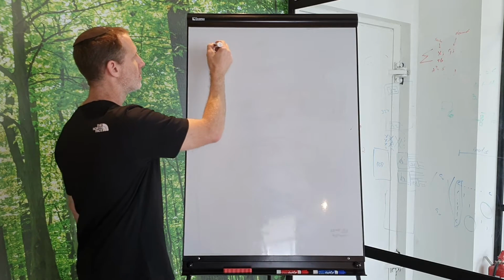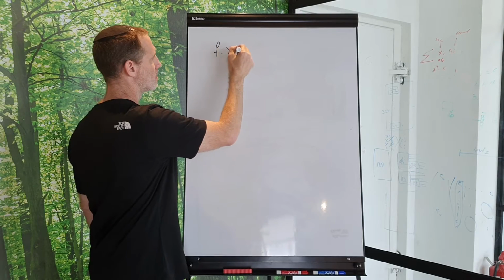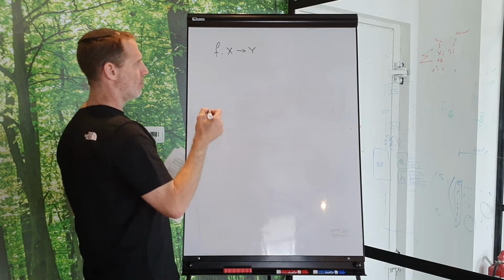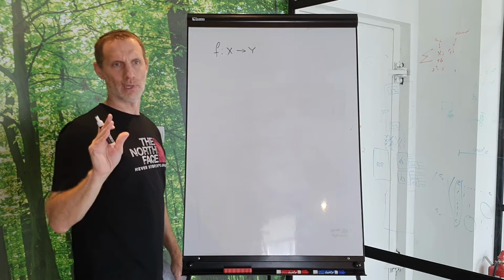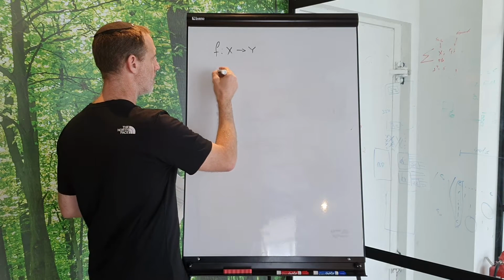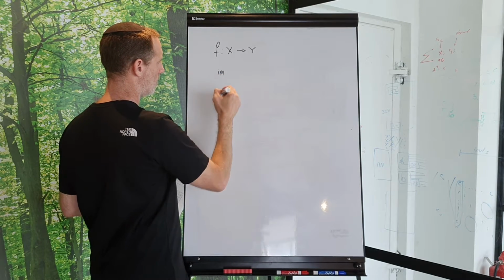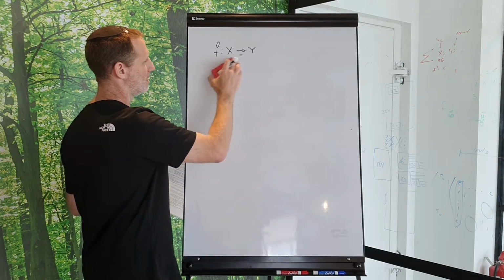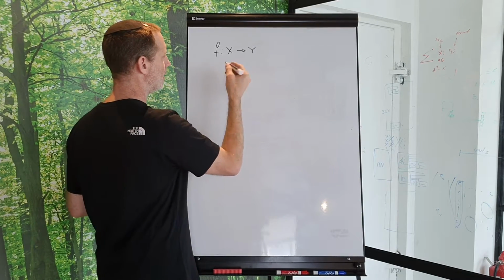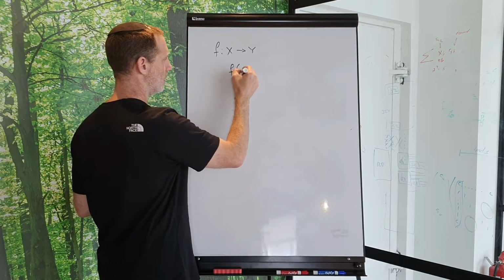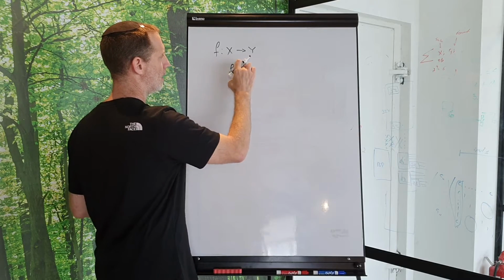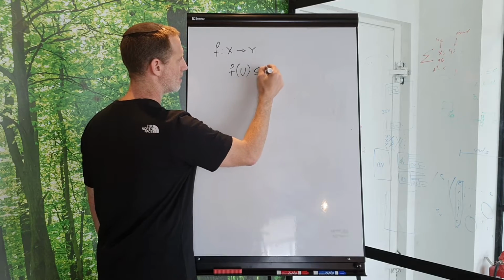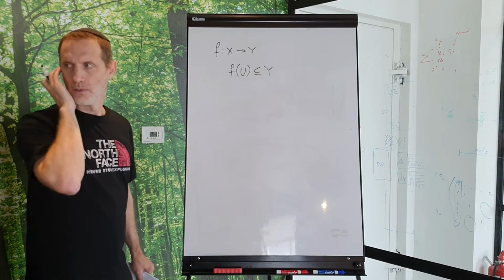So if we've got f from X to Y, we can talk about the image of U in F. I guess we'll see that there are a few terminologies, but the image of U in F is actually F of U. The image is always a subset of Y.